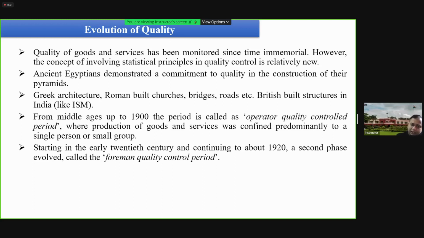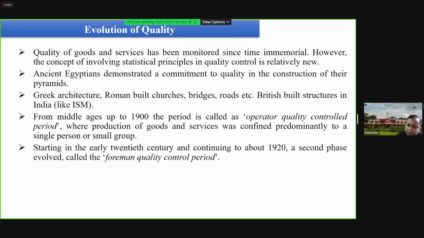After that, the industrial revolutions also happened. People started working in factories, using machines and steam engines for producing goods, and assembly line concepts were also introduced.